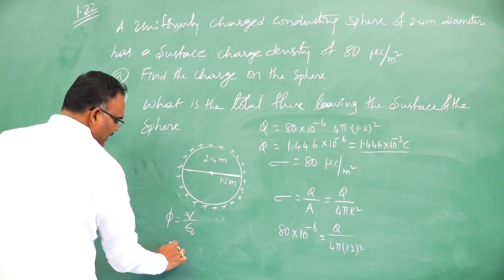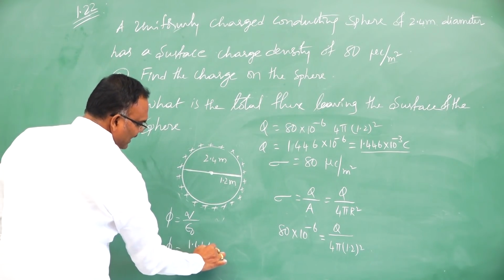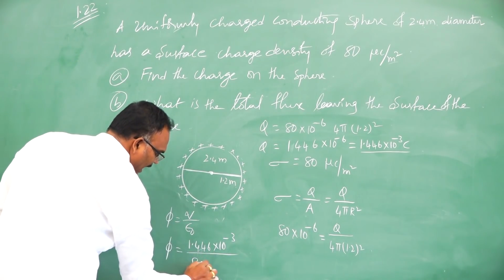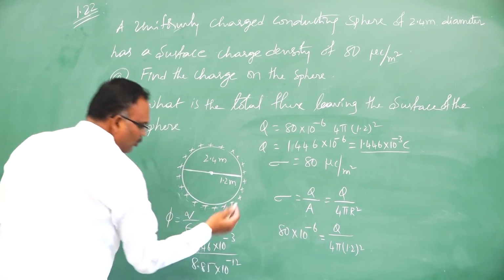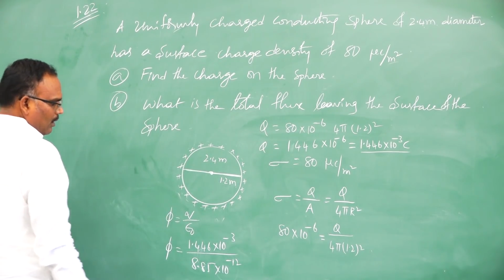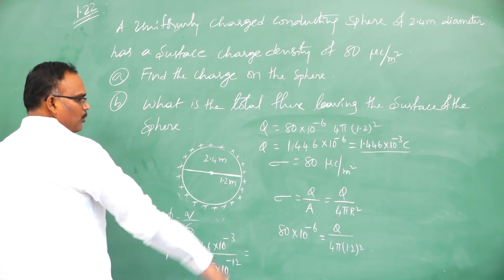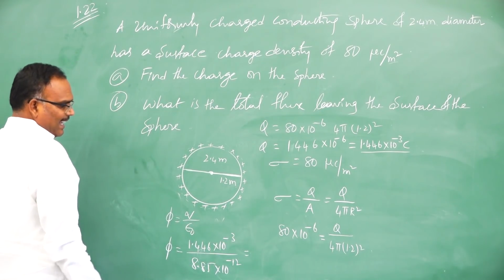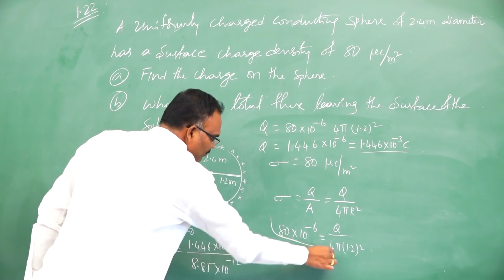So flux phi is equal to the charge, 1.446 into 10 to the power of minus 3, divided by 8.85 into 10 to the power of minus 12. If we take 10 to the power of minus 12 to the numerator, you will get plus 12. Plus 12 and minus 3, if you simplify, you will get 10 to the power of plus 9.